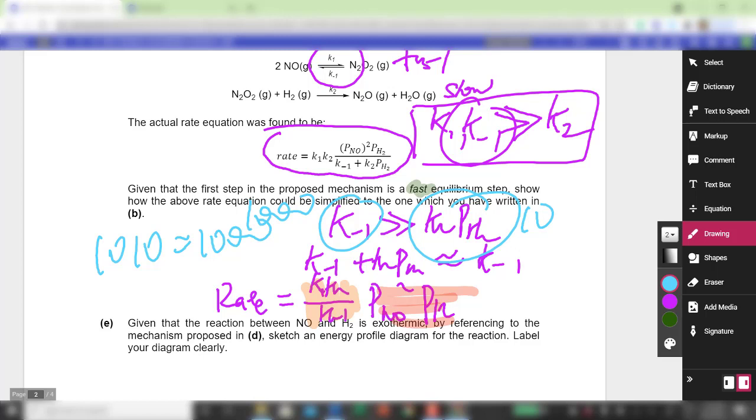But of course, some of you might be wondering, to what extent do we do such approximation? If K2 H2 is 100, can we do such approximation? Obviously, if it's 100, the approximation will not be that accurate. So yes, that is a defining point, and that boundary is really beyond the scope of the syllabus here.